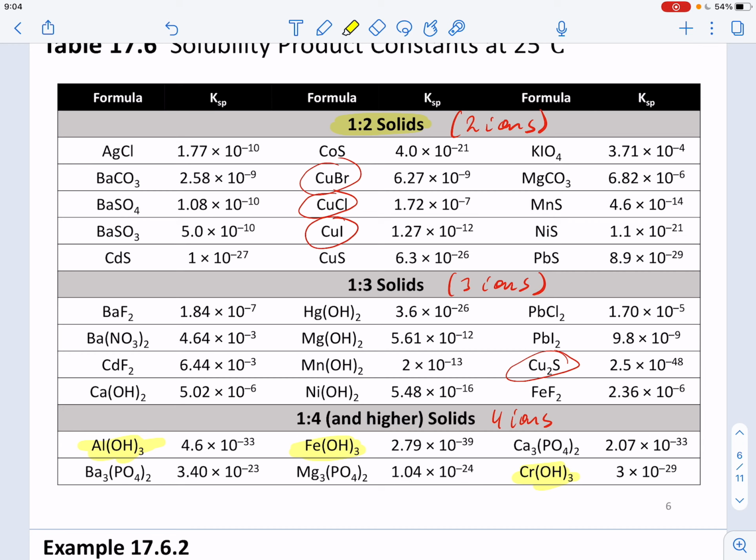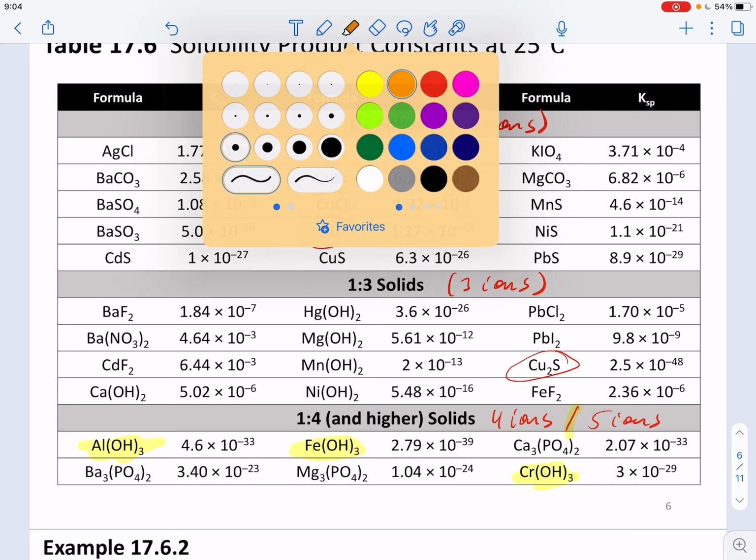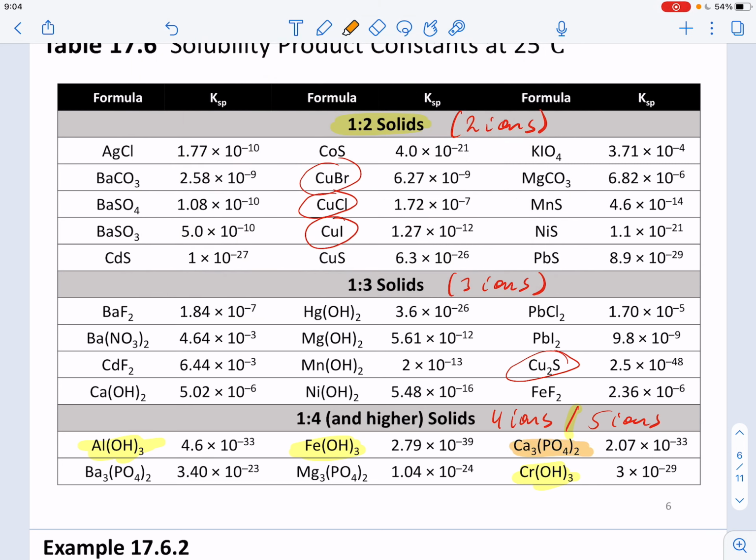And you also have 5 ions when you look at calcium phosphate, magnesium phosphate, and barium phosphate. Again, if you have a different number of ions produced in solution, you can't really compare the solubilities. But if they have the same stoichiometry, you are free to do so.